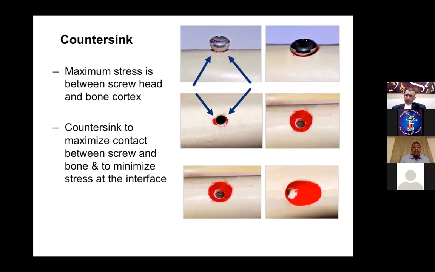Because the maximum stress is between the screw head and the bone cortex. The countersink will help to maximize the contact between the screw and bone and to minimize the stress at the interface. So you will not get fissuring of the cortex while you are tightening the screw.